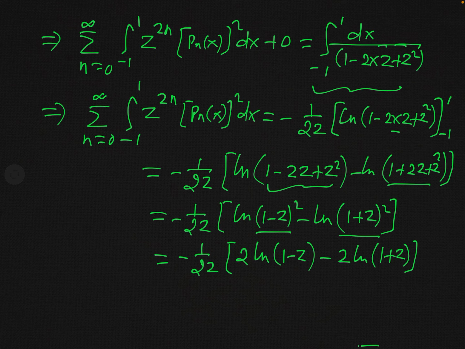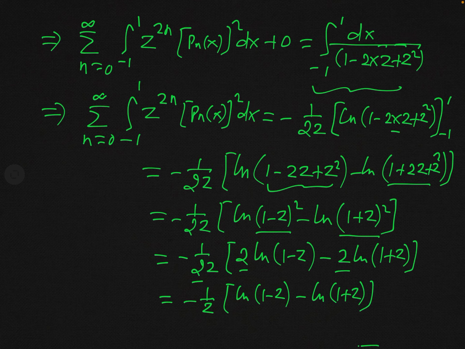You can take this 2 and this 2 as a common factor, and that common factor will cancel by this 2. So what will be your result? You can see this is simply minus 1 over z into ln of 1 minus z minus ln of 1 plus z.